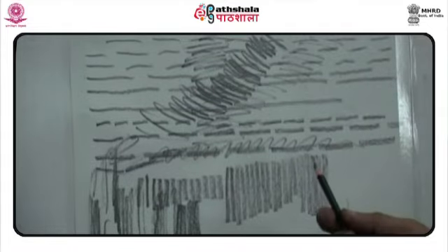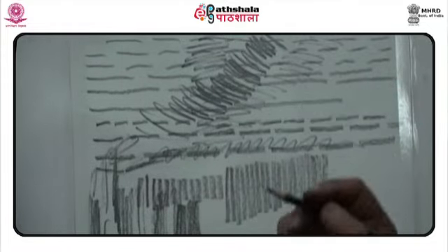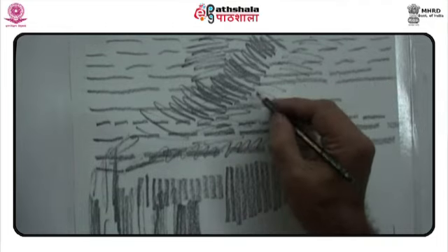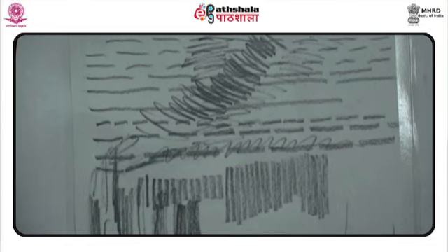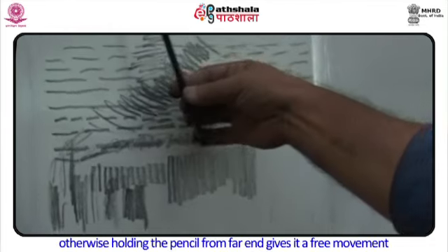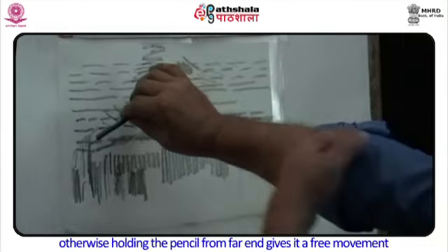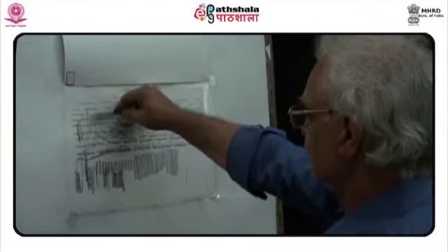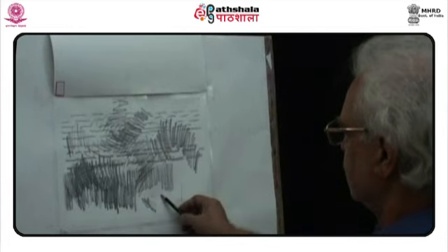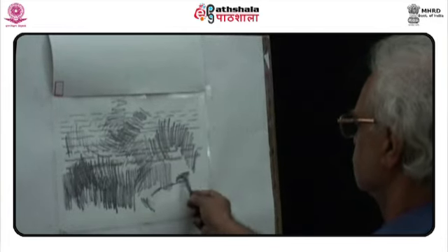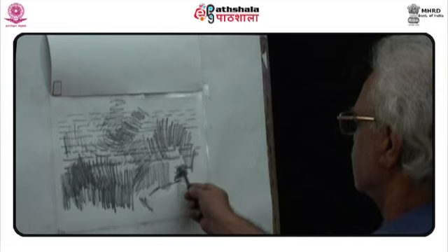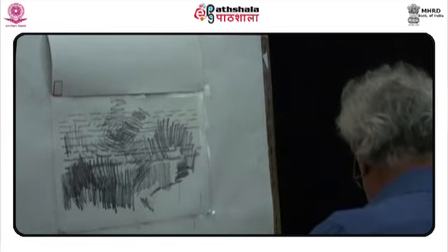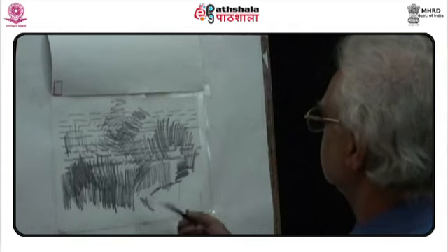The pencil is held from its tip only when one needs to bring out any details in the drawing. Otherwise, holding the pencil from the far end gives it a free movement. In details, just the hand is involved, but in free flowing strokes, the whole arm is being used.